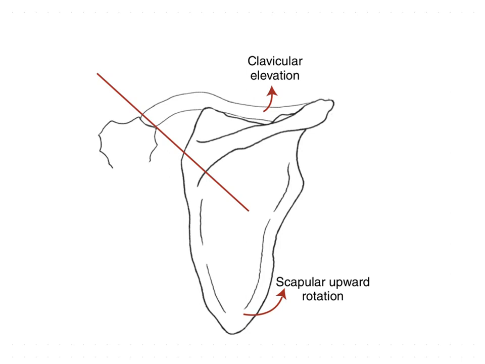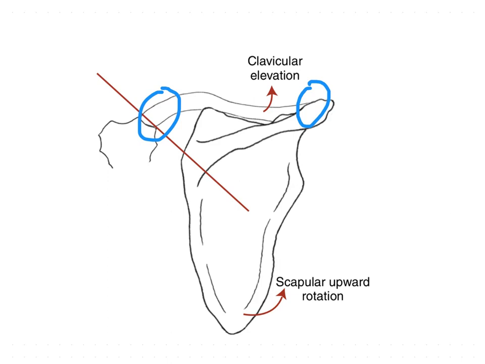In part 1, the contributions to the scapulohumeral rhythm were the scapulothoracic as well as the glenohumeral contributions. Here, in this second part, the contributions are the sternoclavicular contributions and acromioclavicular contributions.